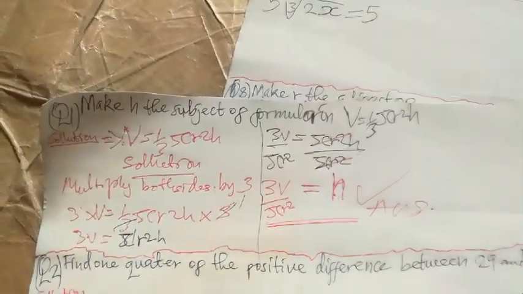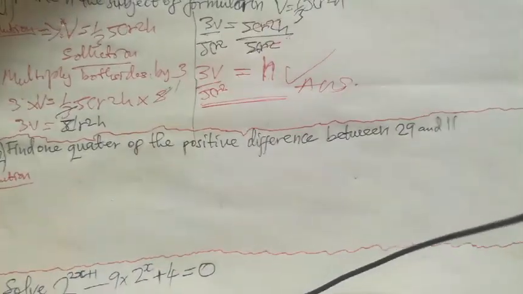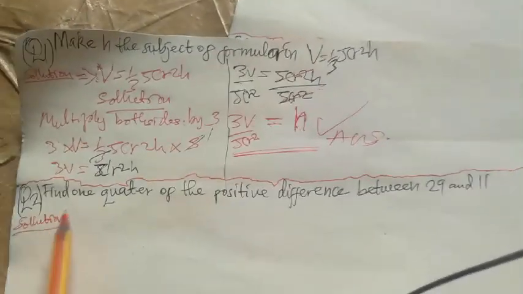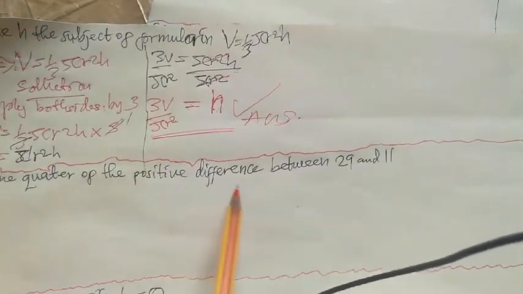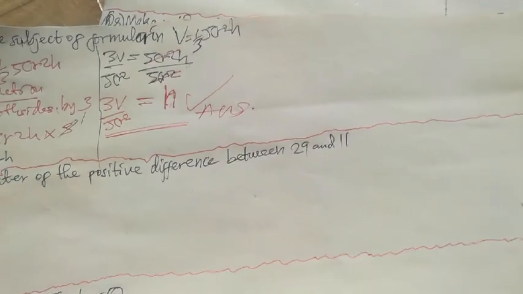Then we are going to question number 2. Question number 2 states: find the quarter of the positive difference between 29 and 11.